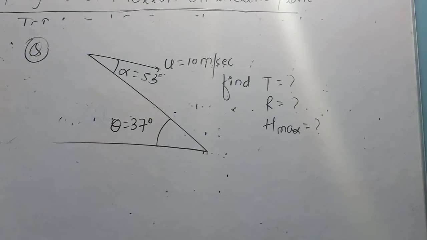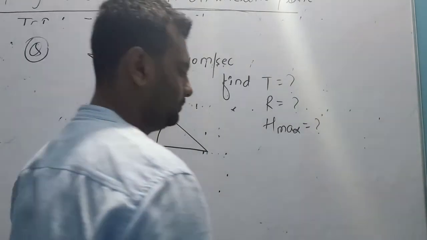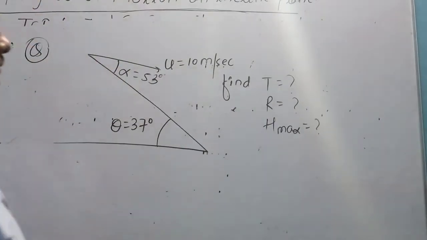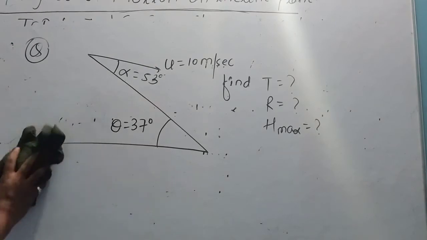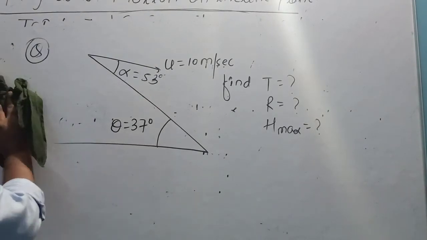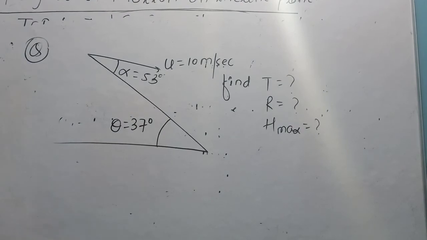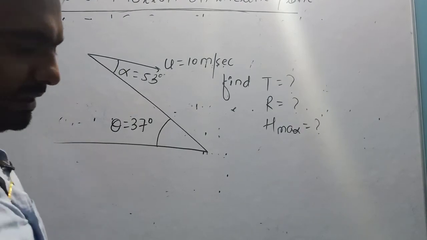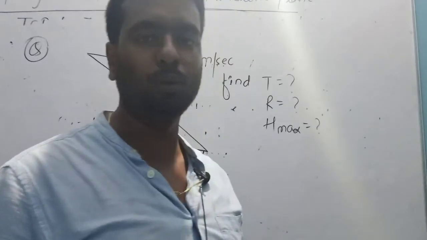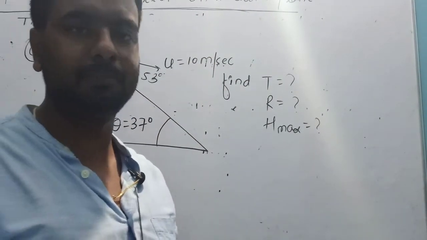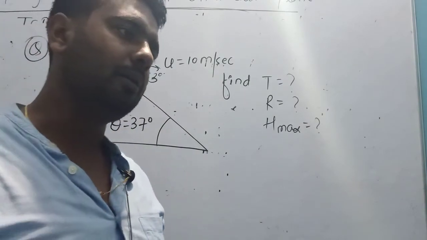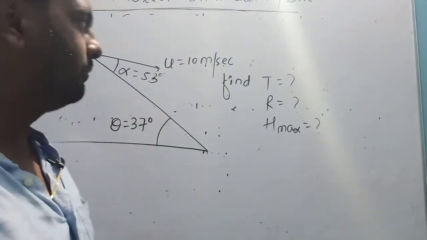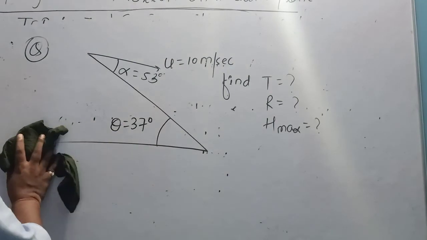Here, I am going to summarize what we have studied. Two types of projectile motion on inclined plane we have studied: one is top to down and another one is down to top. If you have cleared any one of the concepts, either top to down or down to top, then the other one will be ultimately clear to you.